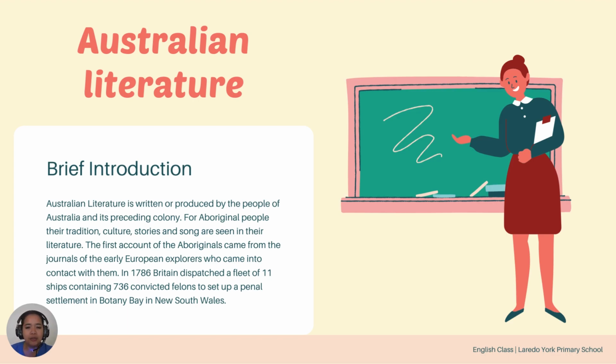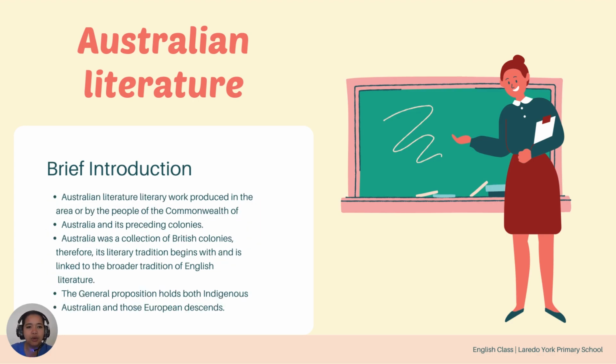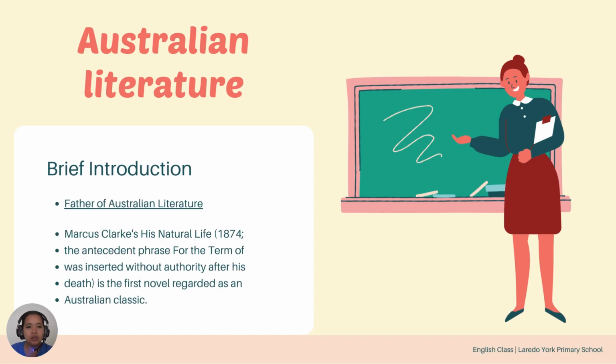They also have an influence from the British, since in 1786, Britain dispatched a fleet of 11 ships containing 736 convicted felons, or bad people, to set up a penal settlement in Botany Bay in New South Wales.